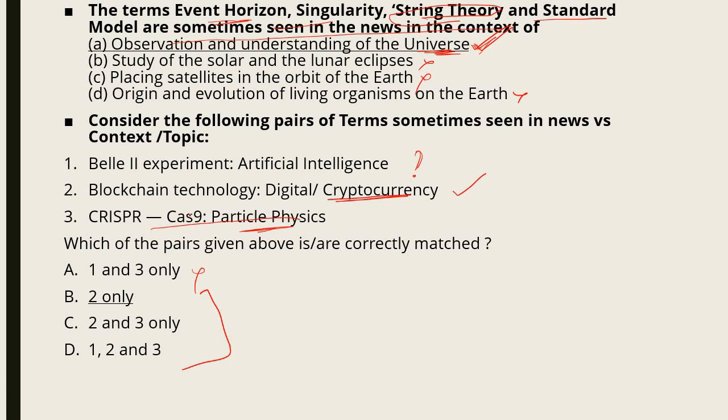We didn't discuss anything like CRISPR-Cas9 in particle physics, so this is definitely wrong. If it is definitely wrong, then 2 will be the answer. If 2 is the answer, then definitely 1 is also wrong. Generally CRISPR-Cas9 is related to biotechnology. So by just knowing particle physics basics, we can understand what is in the topic, we can eliminate and we can get the answer.